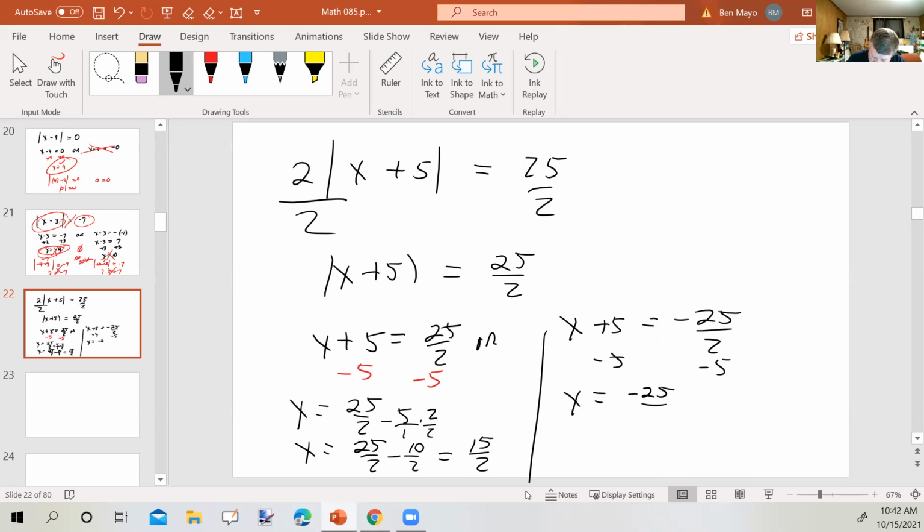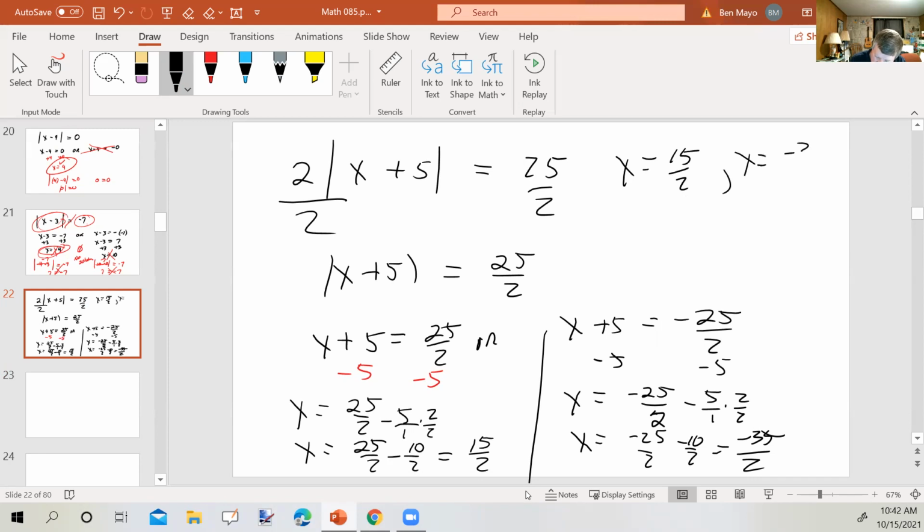X equals negative 25 halves minus 5, which we'll multiply by 2 over 2. X equals negative 25 halves minus 10 halves, which is negative 35 halves. So we get what? X equals 15 halves, x equals negative 35 halves. Here again, the point being, you need to isolate the absolute value before you break it down into the possible 2 equations.